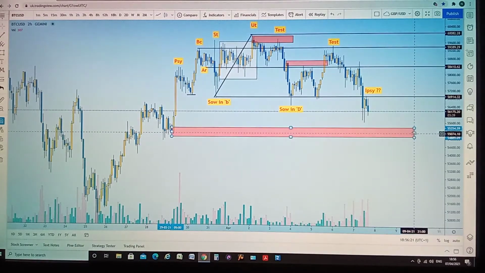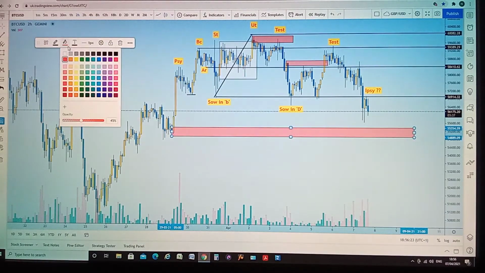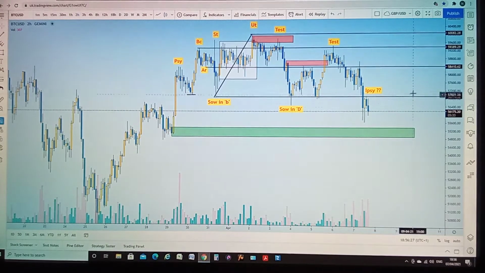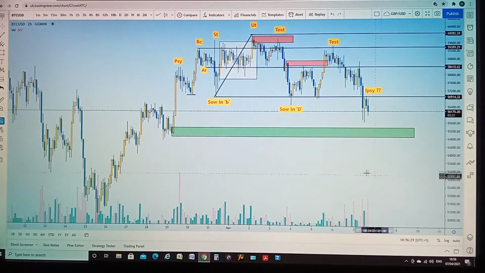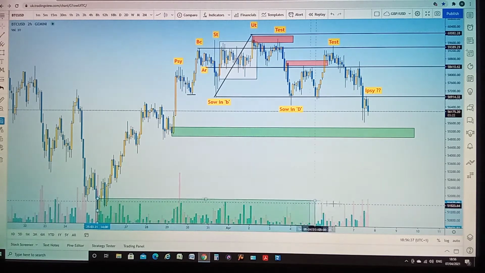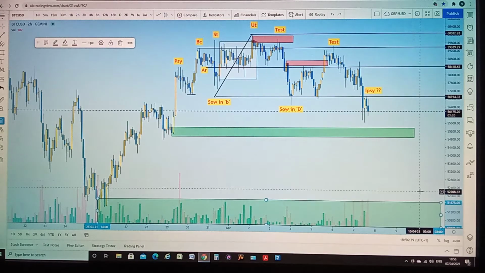So I'm just going to pop a marker on here, a box there. I'm going to pop that in green, which is where it could have some reaction from, although I still believe it will fall past this and continue bearish. I'm going to pop another one down here, which is at its lowest low before it started to move upwards.